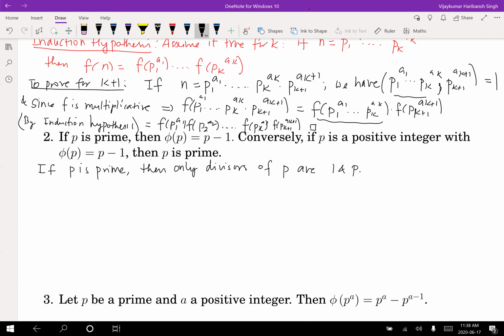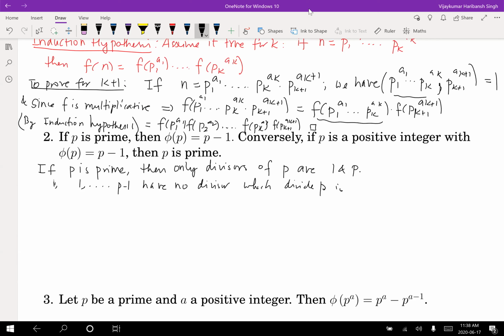Now what does it mean? That means 1 to p minus 1 have no divisor which divides p.